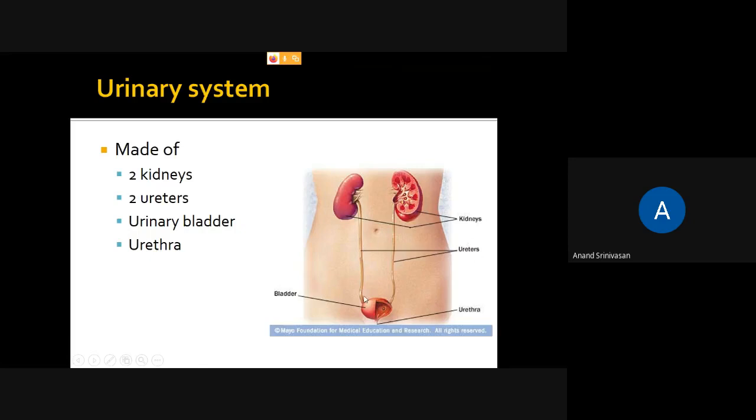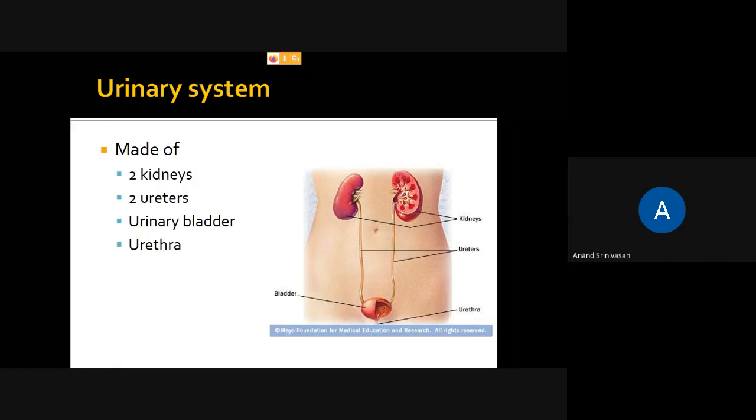The ureters join a bag-like structure called the urinary bladder, and from the urinary bladder the urine is let out by means of the urethra. All these structures form part of the excretory system or the urinary system.